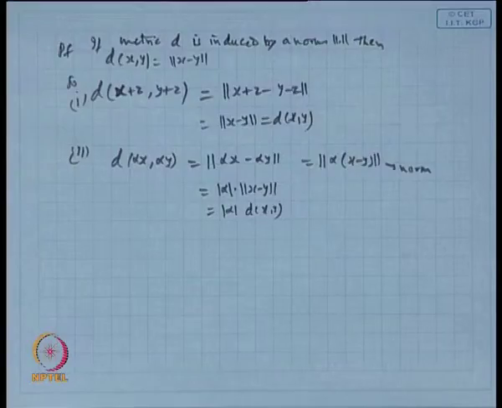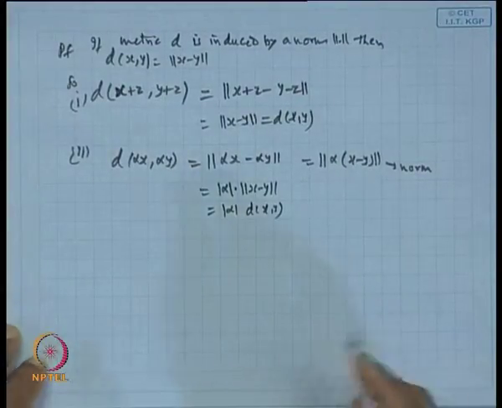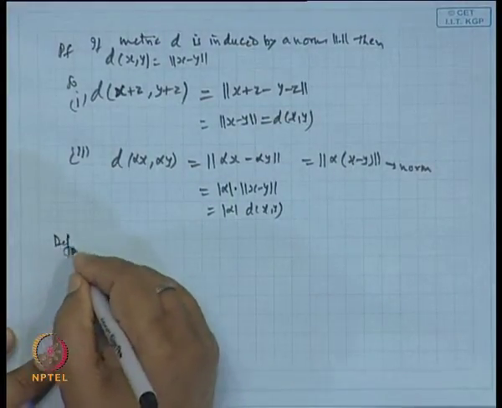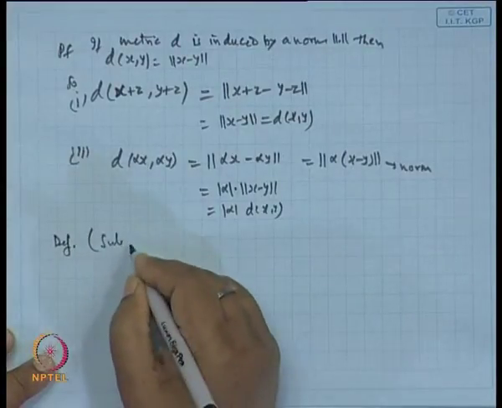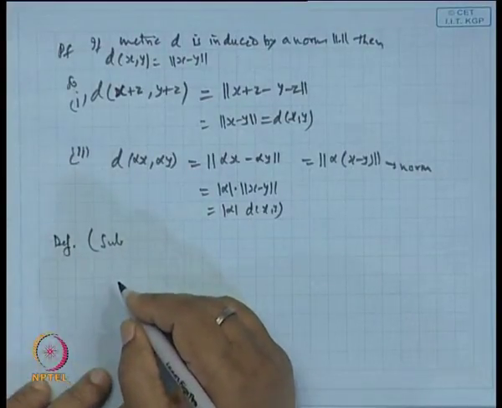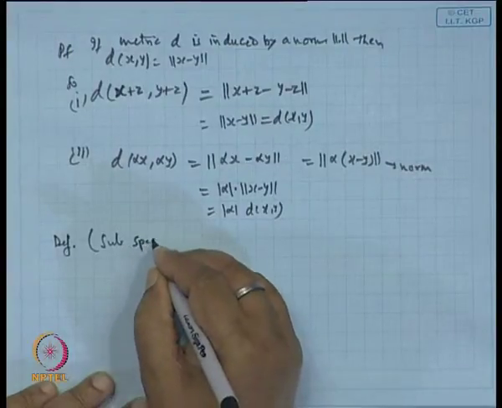Now, another concept of metric space: we have the subspace and the corresponding sequence. Definition of the subspace, or sub norm space, of a norm space.